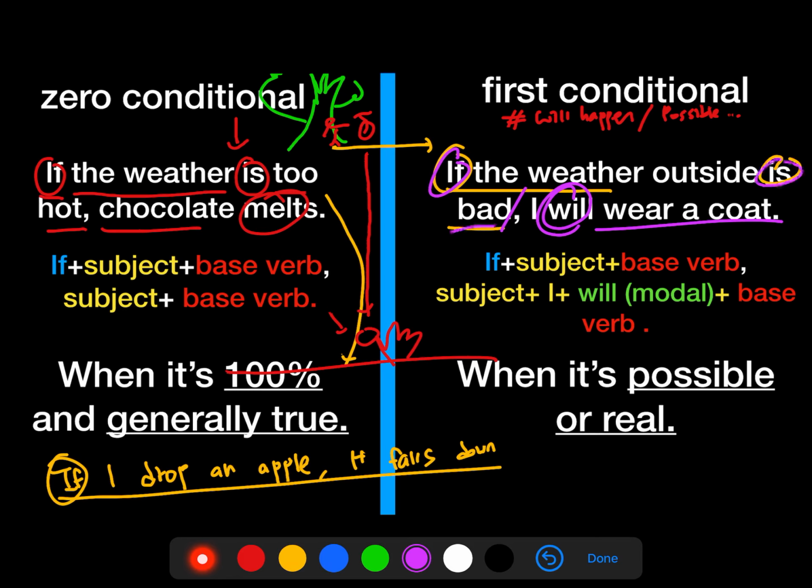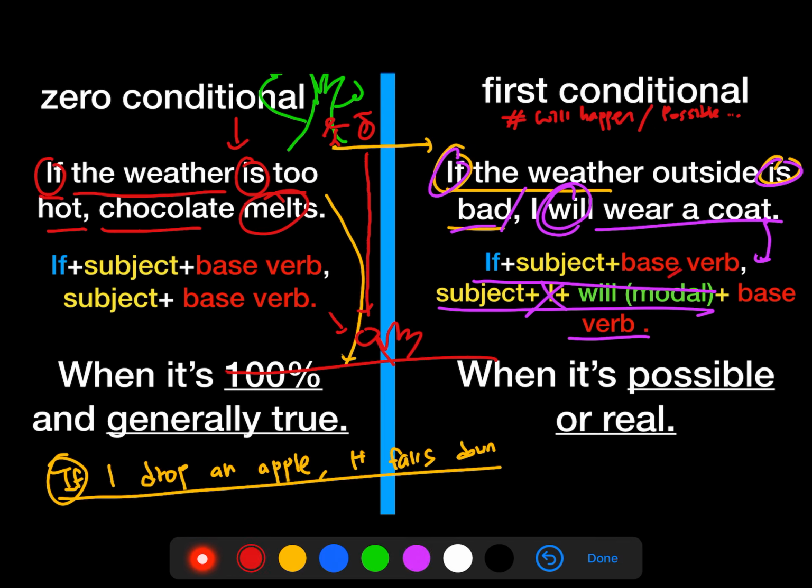Then how do we structure the first conditional clause? It's like this: if, subject, base verb; subject, will.